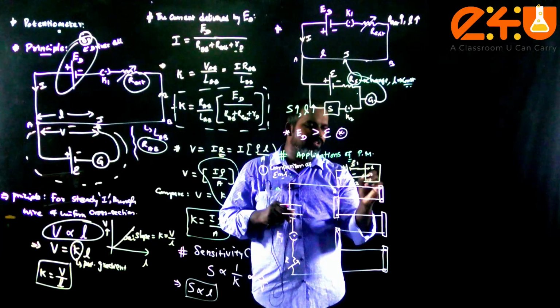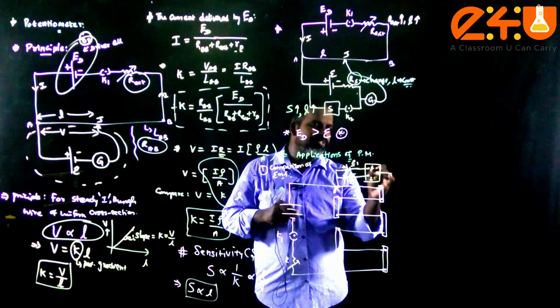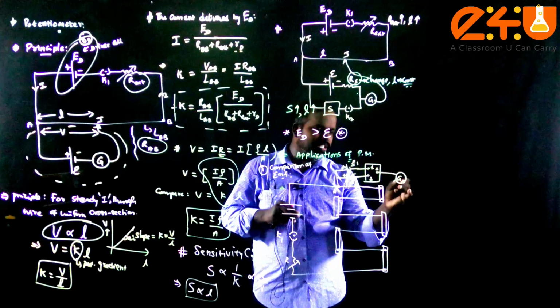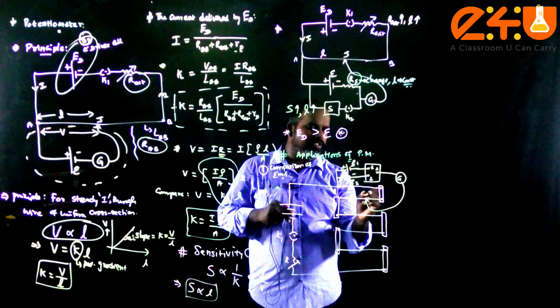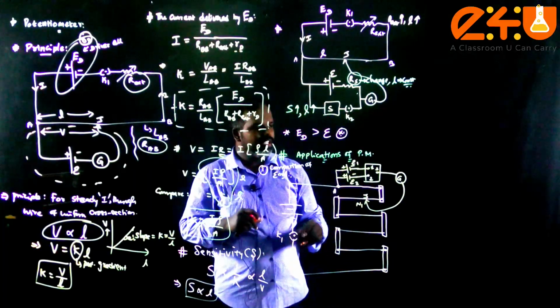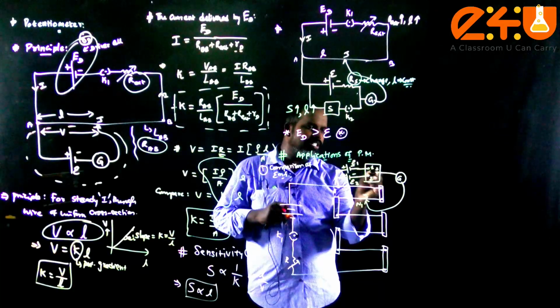Say this is terminal 1, terminal 2, and this will be terminal 3, and it is connected to a galvanometer, and then it is connected to the jockey. Now say the corresponding balancing length is L1 when 1 and 3 are connected.